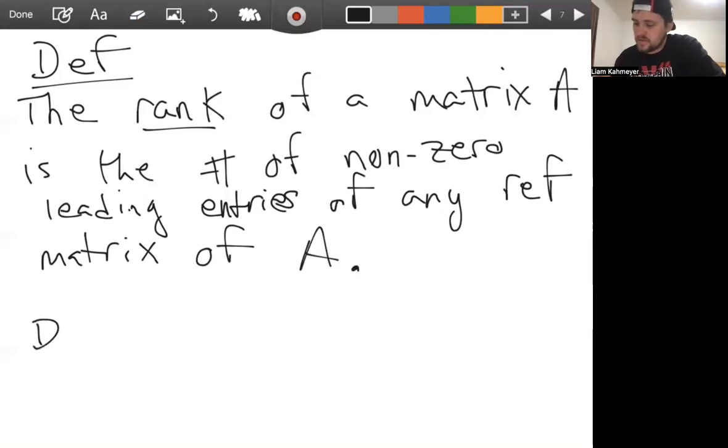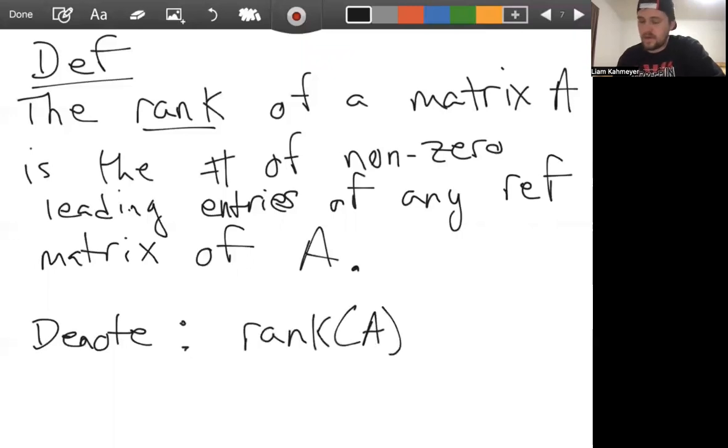We denote this as rank of A, and that's read "the rank of A," or sometimes "rank A" as a shorthand.